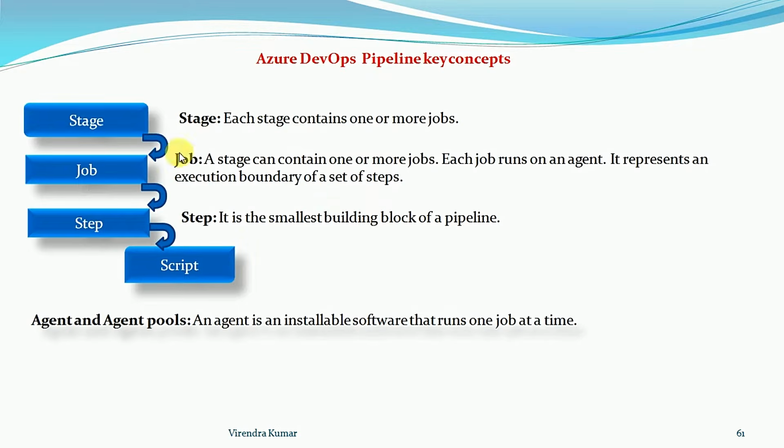So the Maven task will do the building for this stage. These are the basic key concepts of the Azure DevOps pipeline that you should understand. First we have the stage. Under the stage we have the job, and under the job we have the step, and the step is the smallest block of the pipeline, which has the script or the task.